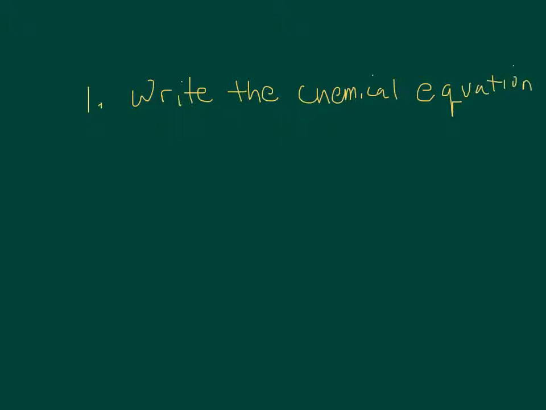Stoichiometry. Let's review the 5 steps of stoichiometry. Step number 1 is to write the chemical equation. Step number 2 is to balance that equation.